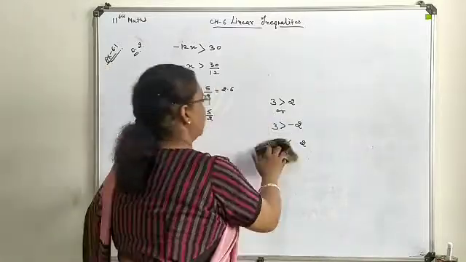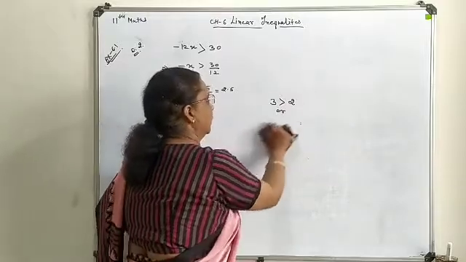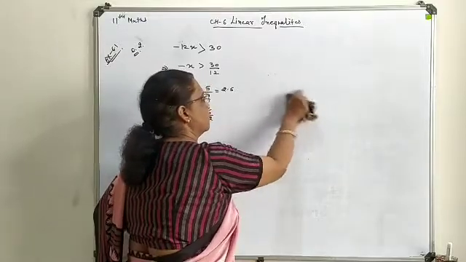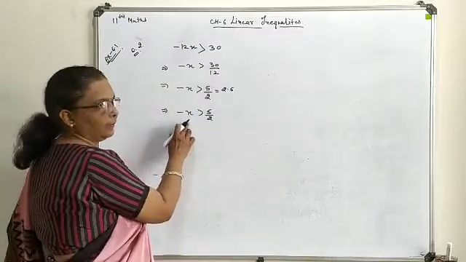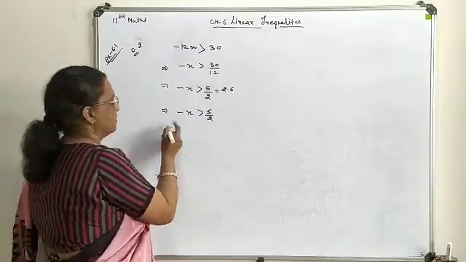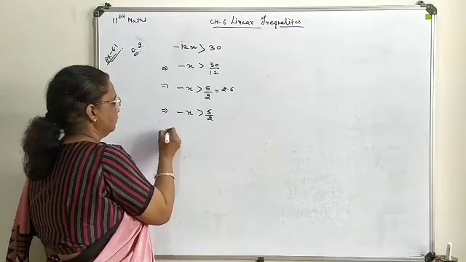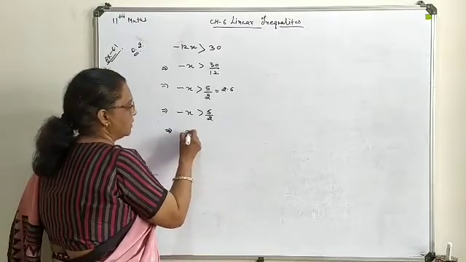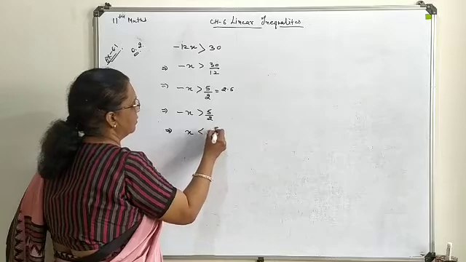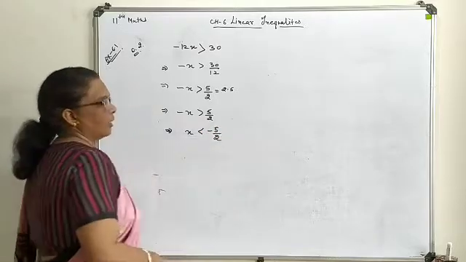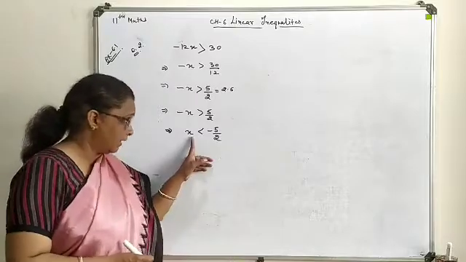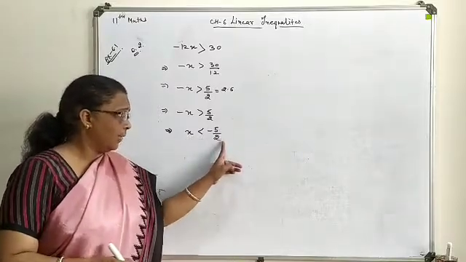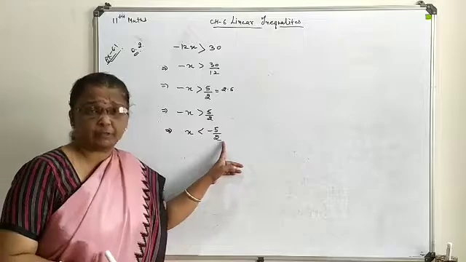So this is the basic theory regarding inequalities and negative signs. So when you multiply both sides by the negative sign, you get x, this sign will be changed, minus 5 by 2, meaning x is less than minus 2.5.